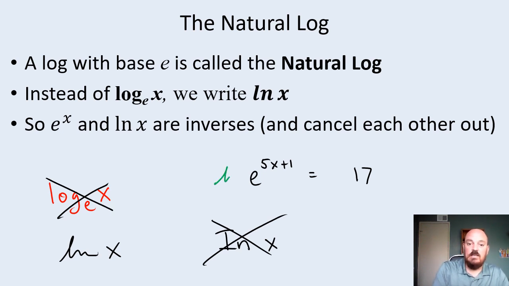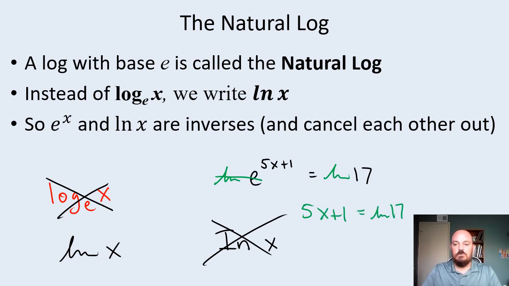So you would take the natural log of both sides, and you would say natural log and e cancel each other out, and just leave the 5x plus 1, and it equals natural log of 17. So that's another version of the example we just did. If it's an e to the x or a natural log, then those two things cancel each other out.